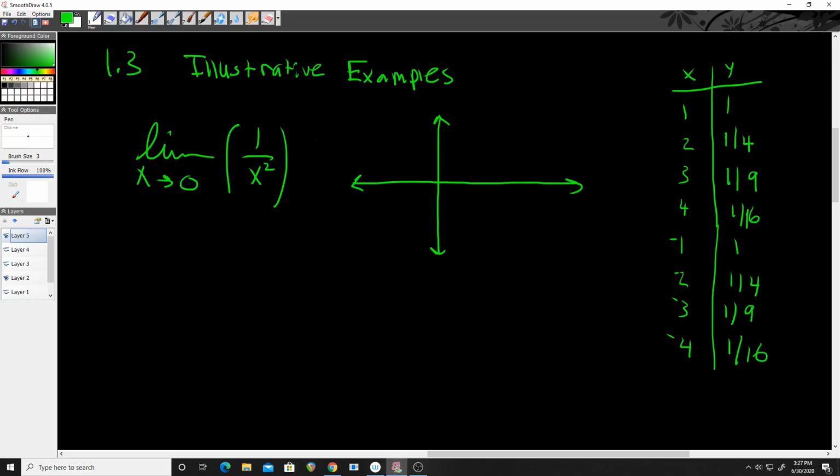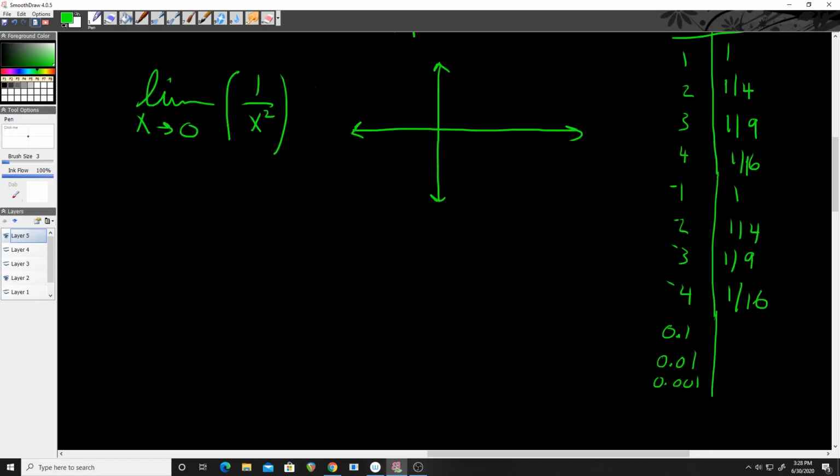So the y values stay positive, but they decrease. They get smaller as x increases. Now, what about 0.1, 0.01, 0.001, and therefore their negatives, right? I'm not going to write the negatives because you can see what happens. 0.1, that's like 1 over 10.